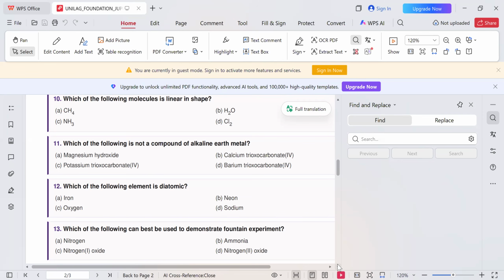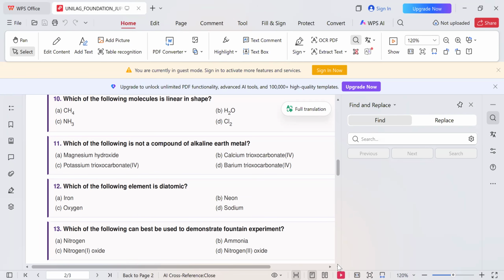It is monoatomic. Neon is a noble gas. All noble gases are monoatomic. None of the noble gases in this world is diatomic. They are monoatomic because of their unreactivity. They cannot react. Then we have oxygen. Oxygen can form diatomic, which is oxygen plus oxygen to form O2 gas. Sodium cannot form diatomic, so that is out of it.